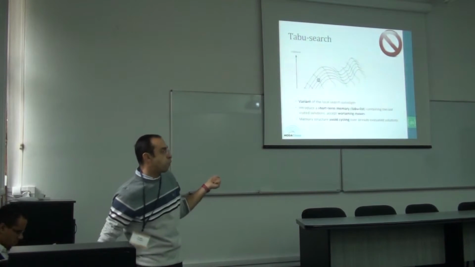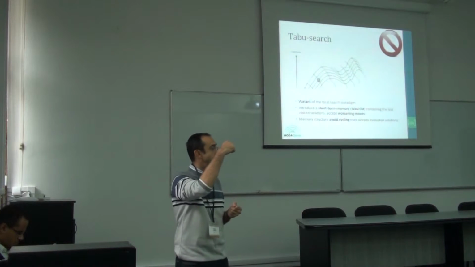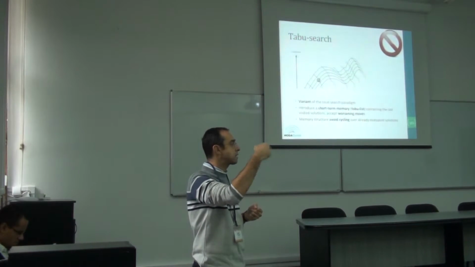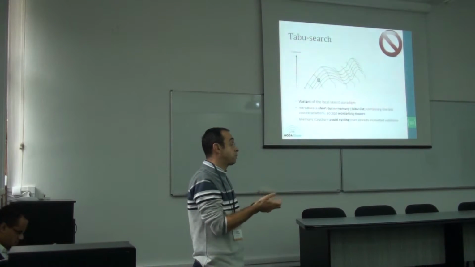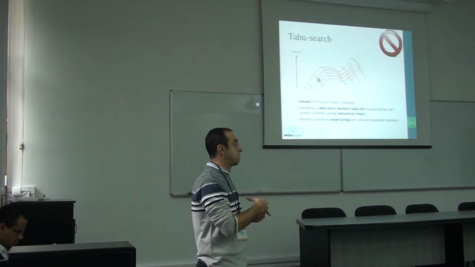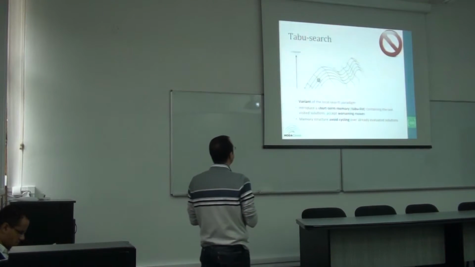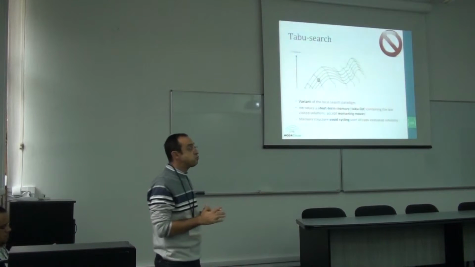Of course, one of the problems is that when we find a local optimum, we get stuck in this local optimum. So we probably cannot find a better solution that would be close to this one. To avoid this, we have implemented the tabu search, which has two main concepts.